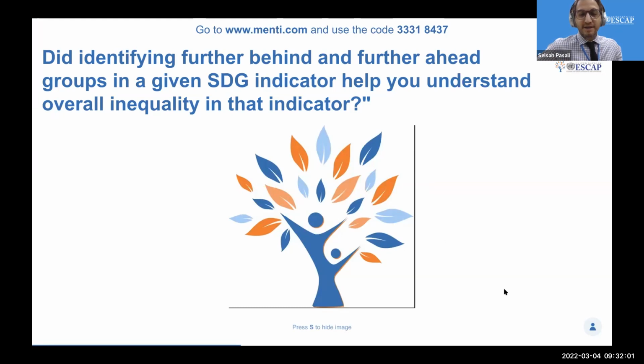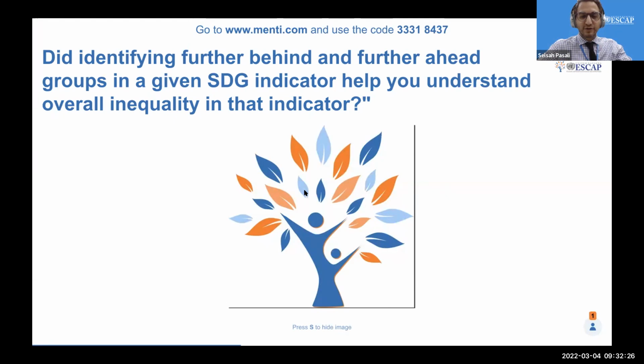First, did identifying further behind and further ahead groups in a given SDG indicator help you understand overall inequality in that indicator? Looking forward to hearing from you through Mentimeter, or alternatively, feel free to raise your hand to seek the floor, or put your response on the chat if you can't access Mentimeter.